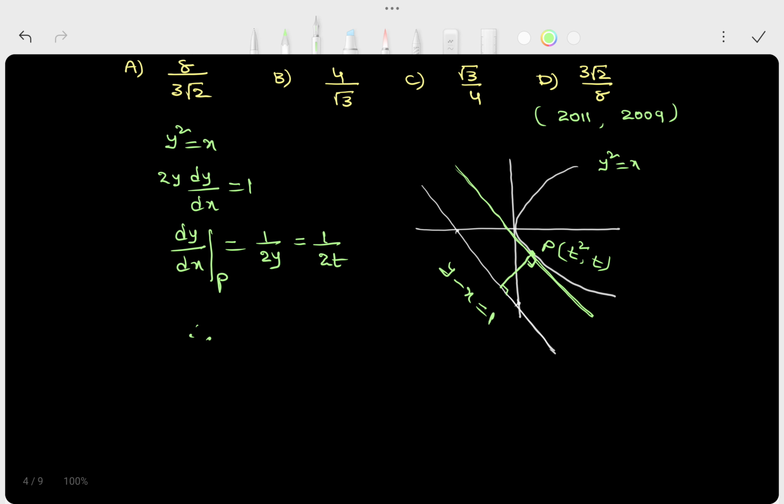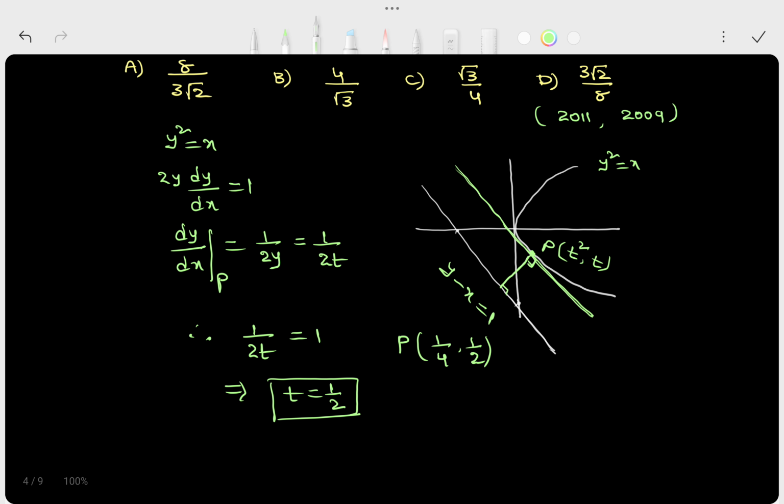The slope of the tangent is 1 by 2t, and the slope of the given line is 1. From this, you can write t is equal to 1 by 2. Now if you substitute t is equal to 1 by 2, the point P will be 1 by 4 comma 1 by 2.